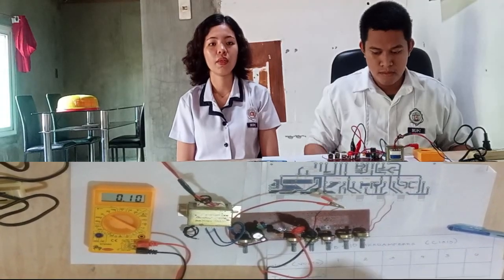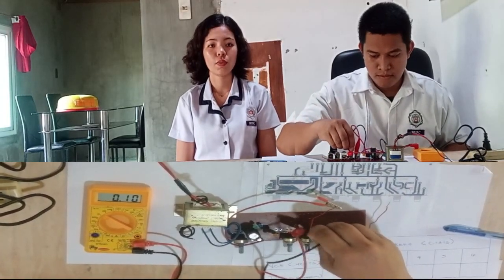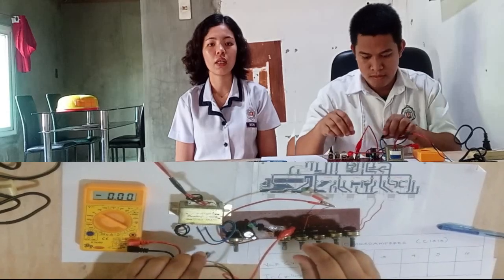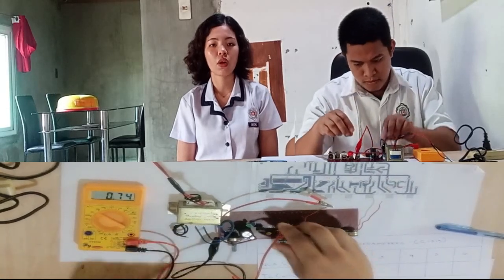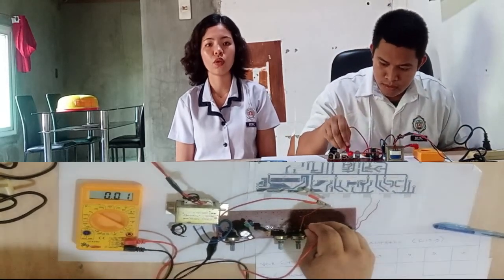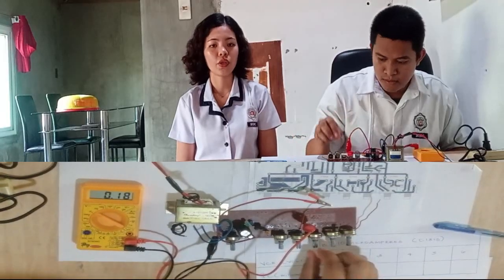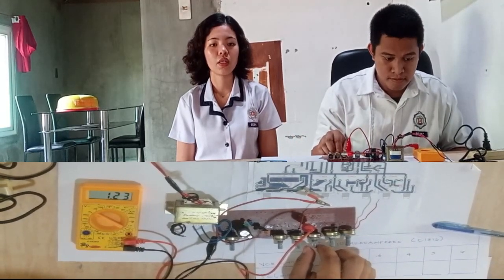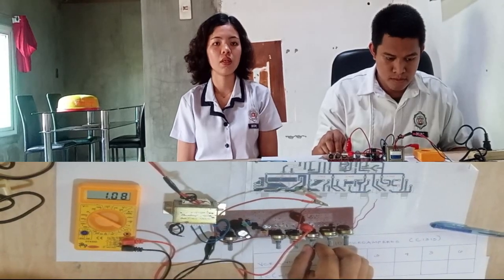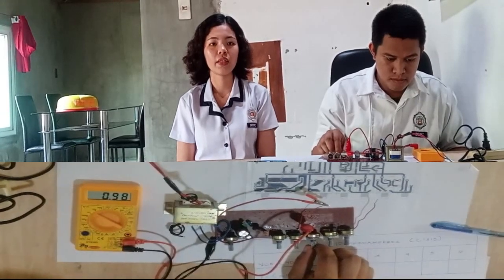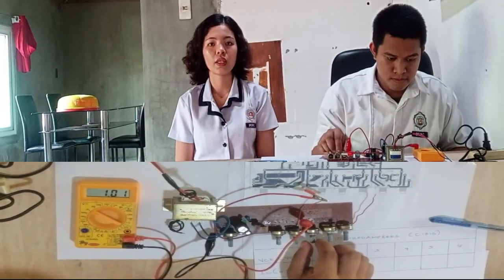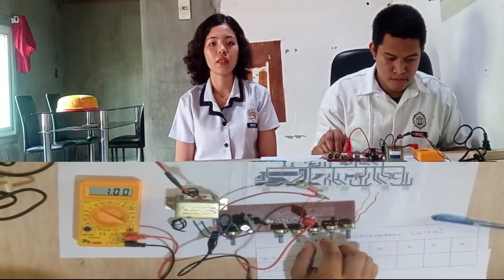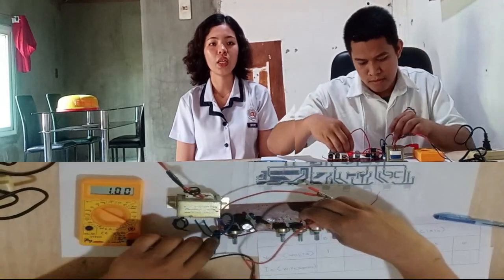Fifth, without disturbing the setting of R1, adjust potentiometer R4 until the transistor emitter to collector voltage is equal to 1 volt. Now measure the voltage across R3. Use this voltage measurement and the resistance of R3, 1000 ohms, to calculate the current flowing through R3.